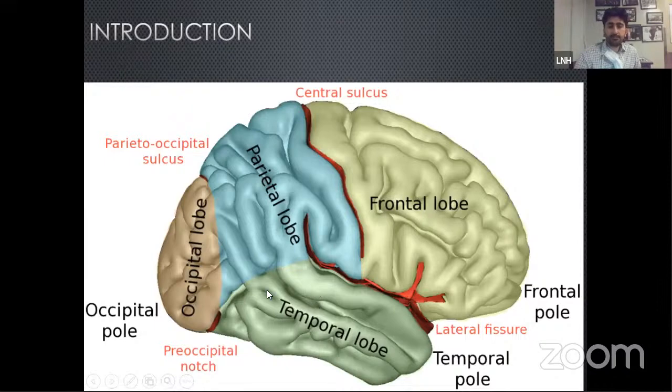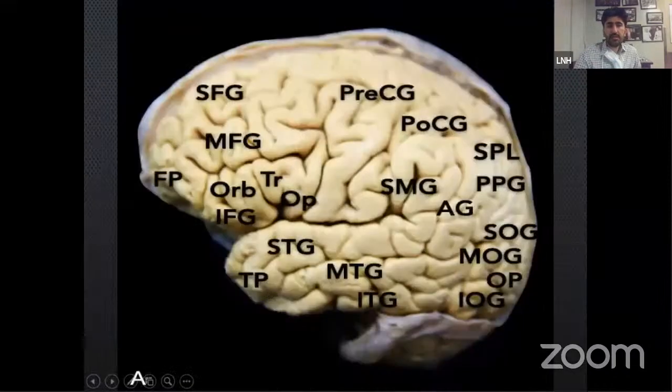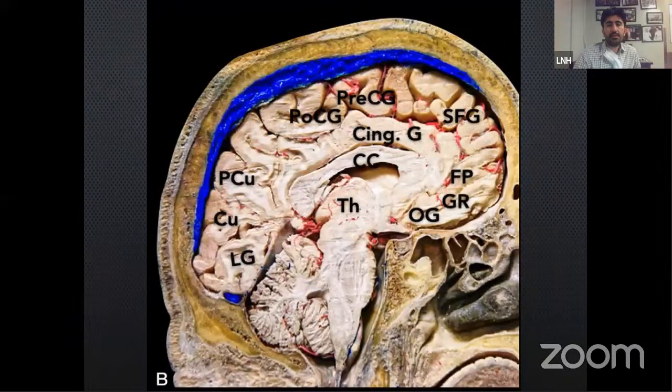And as we can see in this diagram, it rests on the tentorium, which separates the occipital lobe from the cerebellum. As compared to the skull, it lies underneath the occipital bone.